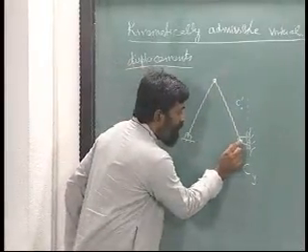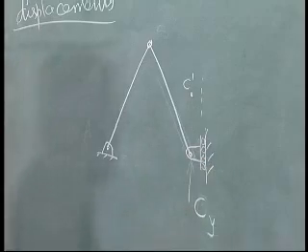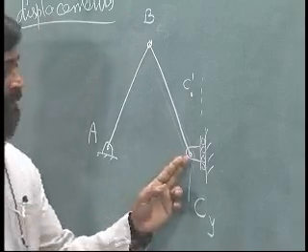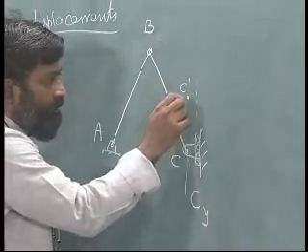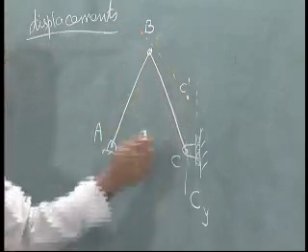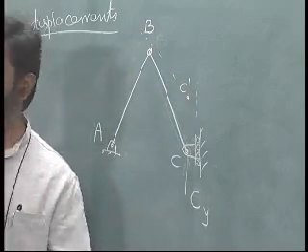Mind you, this is a hinge with a roller support onto the fixed frame of reference. This is B, this is A. When I move this point C to C prime, what should I get? I should get, remember, the length BC cannot change, it is a rigid body.